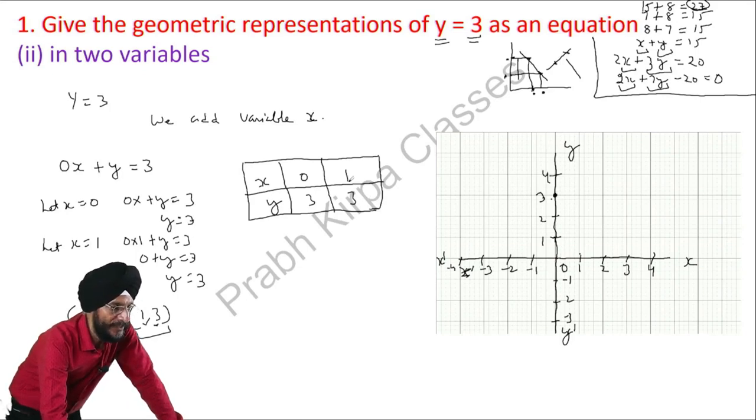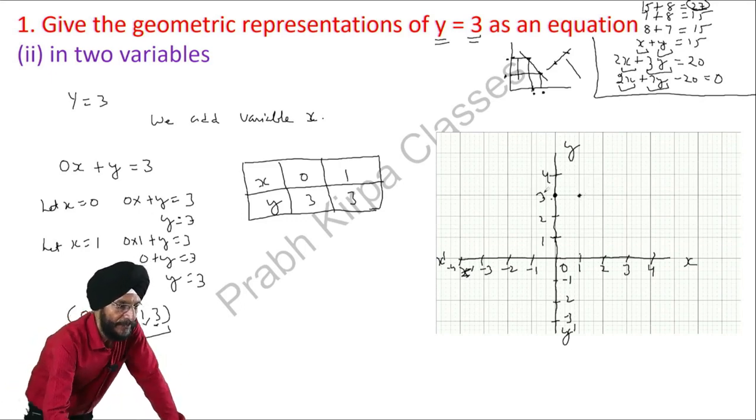Now what is the next solution? Value of x is 1 and value of y is 3, that is at this point x and y values meet. So when we join these two points, it will be like this, a straight line.